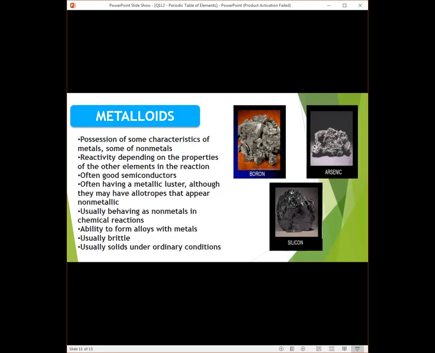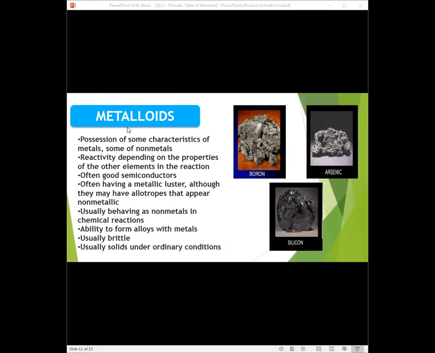They are often good semiconductors, but not as good as metals, of course. They often have metallic luster, so some of them also have shiny appearance, but they have allotropes that appear non-metallic. They usually behave as metals or nonmetals in chemical reactions. They have the ability to form alloys with metals. They are usually brittle. They are usually solids under ordinary conditions.